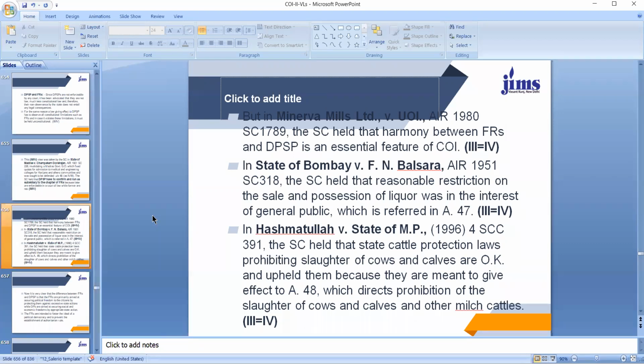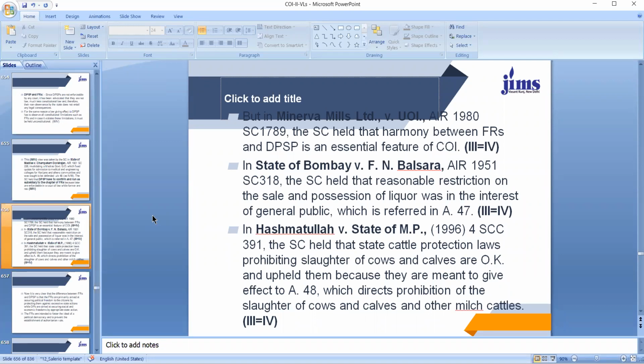Hence, the rules which say that there shall be a reasonable restriction on the sale. A shopkeeper cannot sell in retail more than certain quantity of liquor to a private person, and similarly, a private person cannot keep liquor more than 2.5 liters. The limit of keeping liquor in UP per person is 2.5 liters.